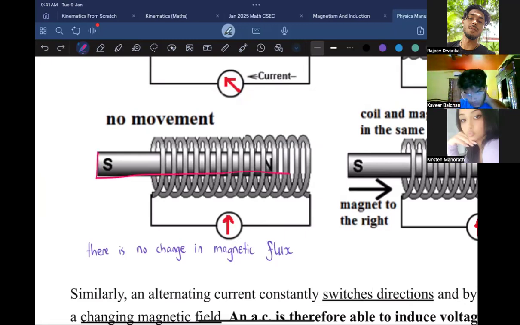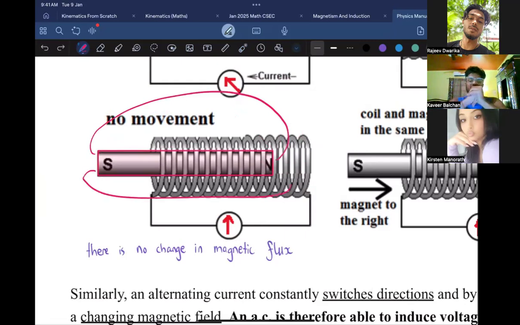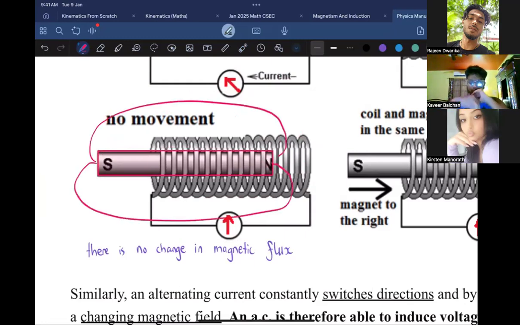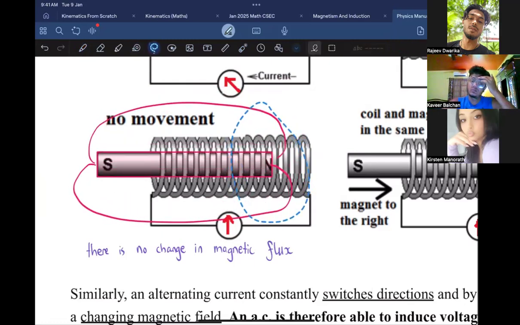I'll give you all the time to draw the diagram. You have to be familiar with this diagram. Justin, the lines I just drew are the magnetic flux lines, right?